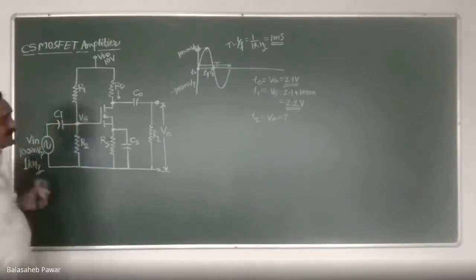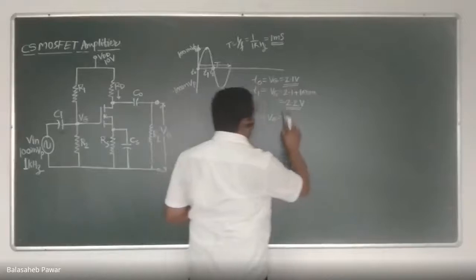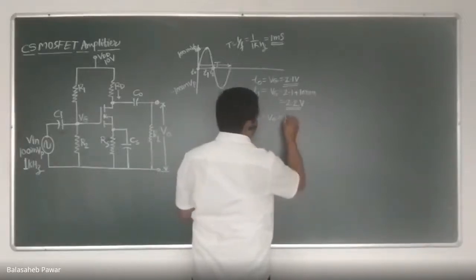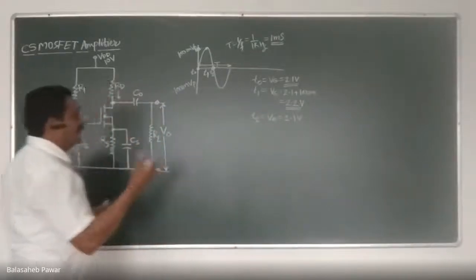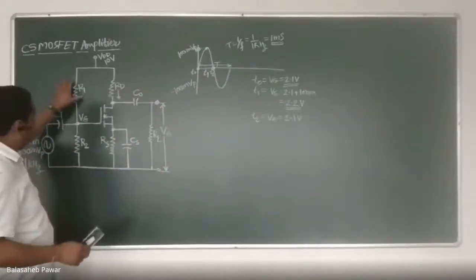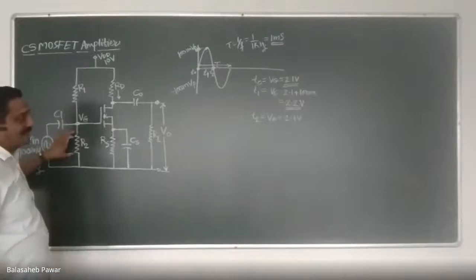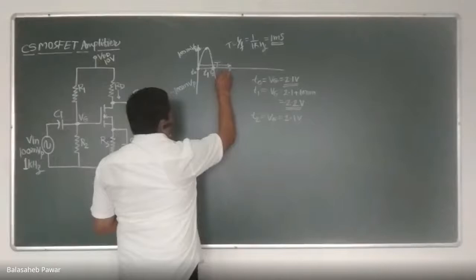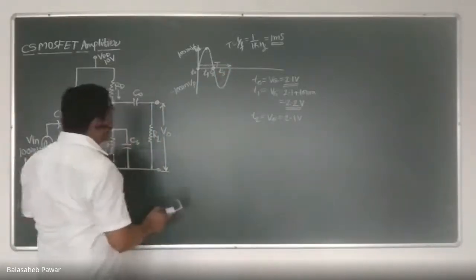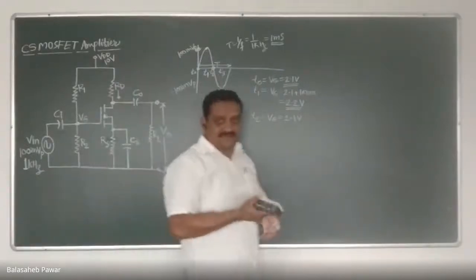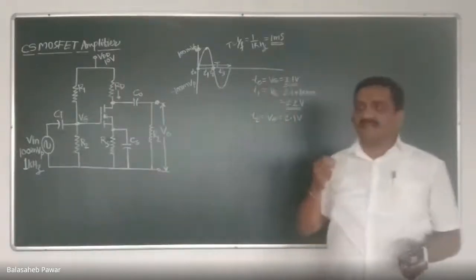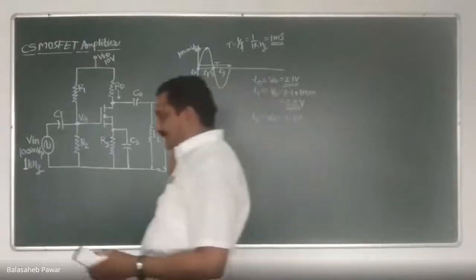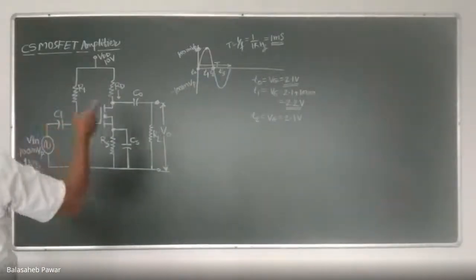How much will be VG? It will again become 2.1 volts. Yes or no? Because that 2.1 is fixed, which is formed by R1 and R2 as per that voltage divider, right? Now the next time period we'll consider as T3, at which that input signal goes to its negative peak. That input signal reaches its negative peak at T equals T3, right?